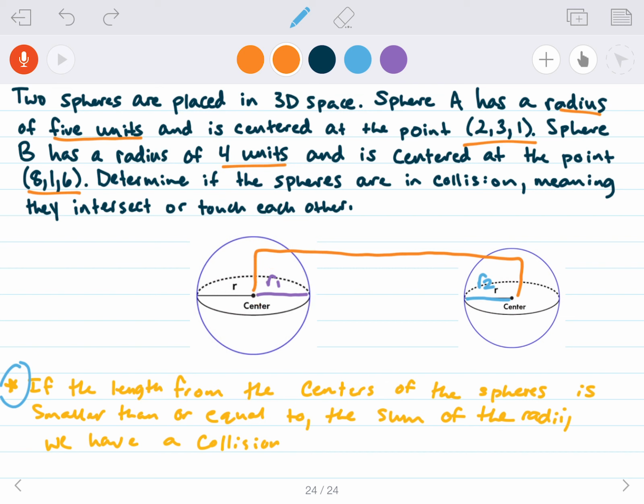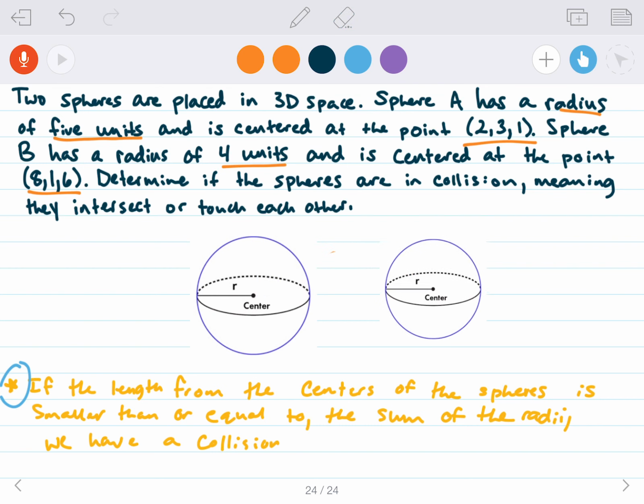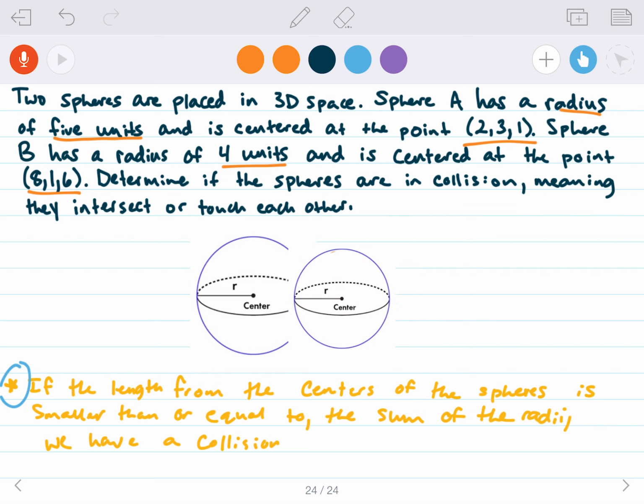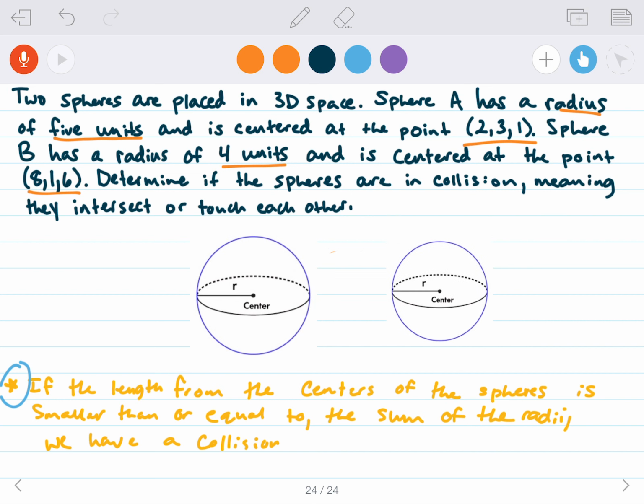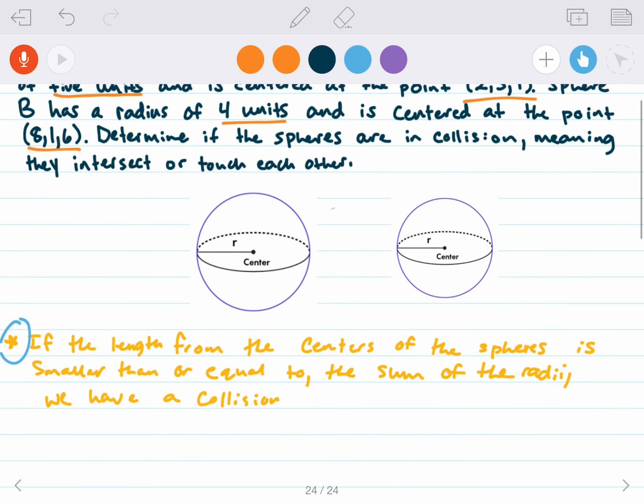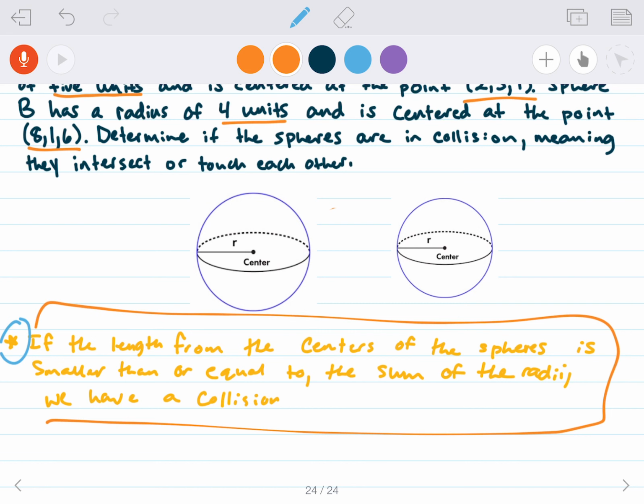And so they're not colliding. We can see this pictorially. But on the other hand, if they're overlapping, the distance from the center is going to be smaller than the sum of the radii, okay? So let's go ahead and use this little blip right here to answer our question.